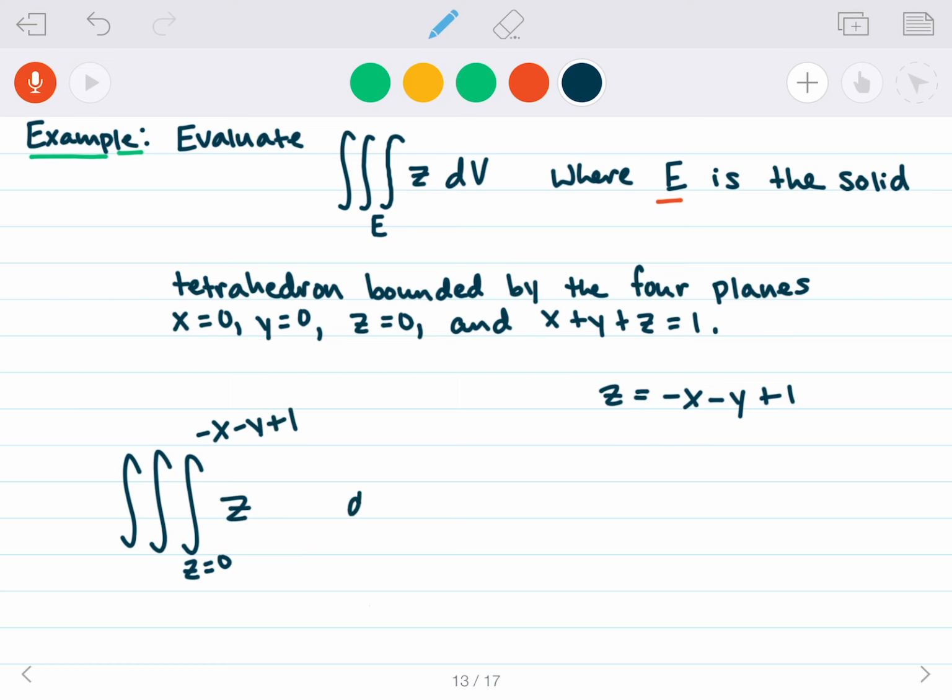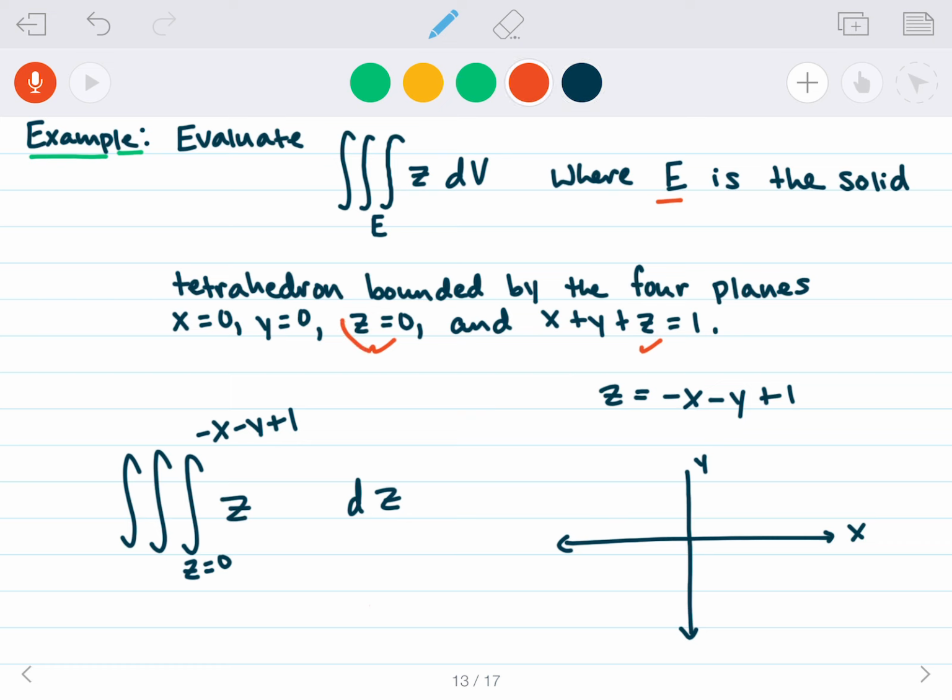Alright, so we have dz. Okay, so what about y? We took care of z. Now what about y? Well, if I consider the xy plane, this is my y, this is my x.